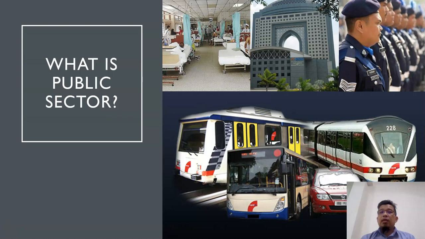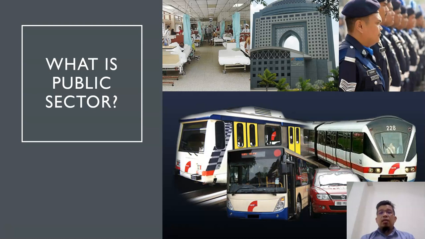On the top right, I think you can guess it's a police force, right? How important they are in providing security and stability in the community, from crime and generally. So now, more importantly, during the COVID time, their role. And the photo at the bottom is basically public transportation, from trains, buses, and taxis.